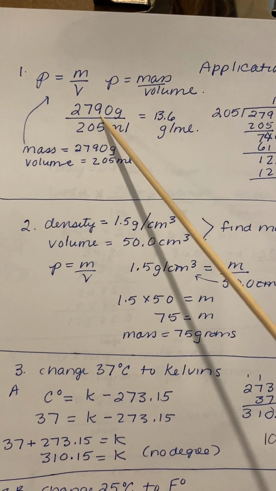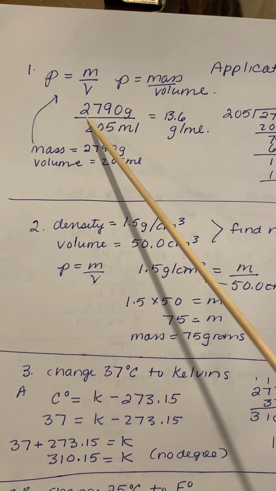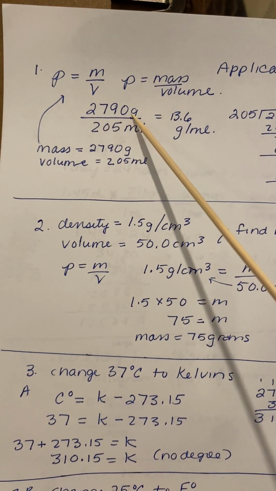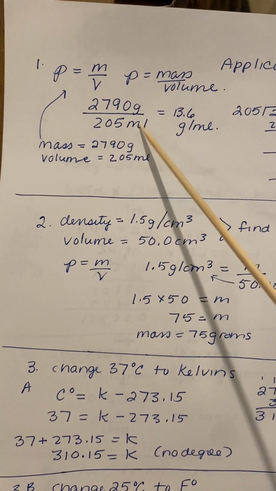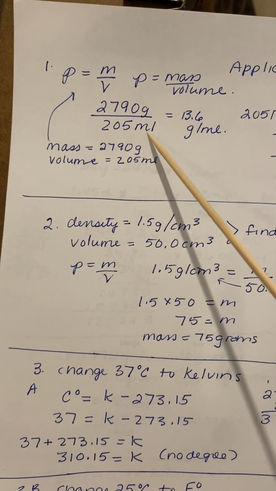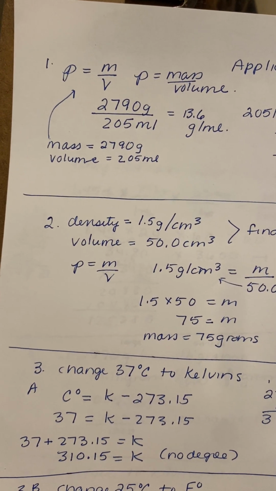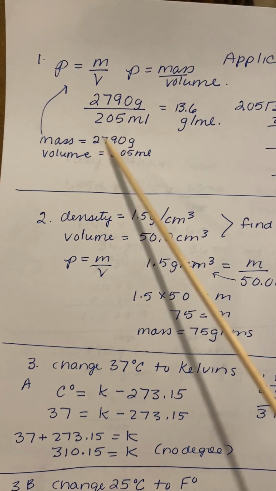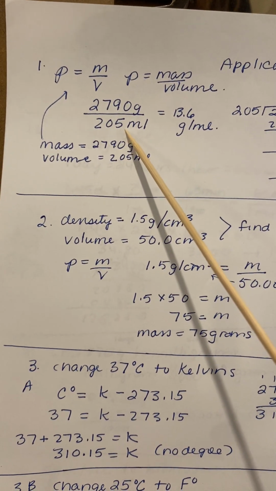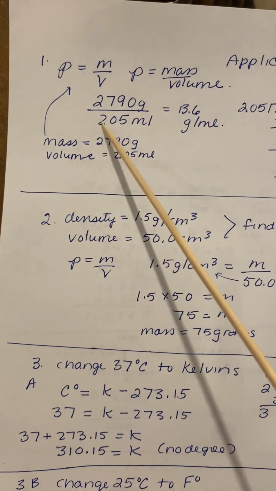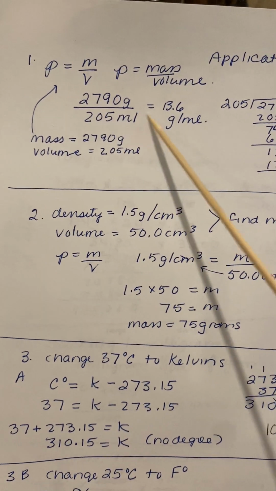So when they give you the mass, if they give you a mass of 2,790 grams, and then the volume is in milliliters, it can be in milliliters or it can be in cubic centimeters. Anyway, this one's in milliliters. So you take the mass divided by the volume, and you're going to get the density.